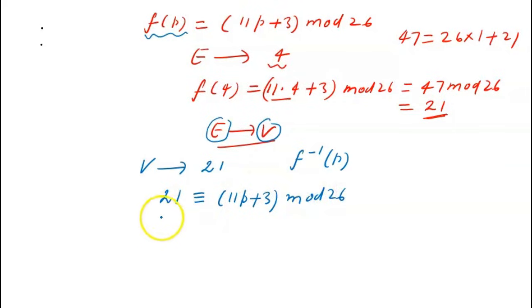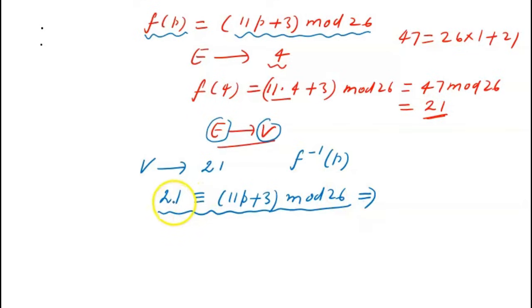This is what he will start with. Since he knows that this is the function that has been used to encrypt the message, he will take this equation, 21 is congruent to 11p plus 3 modulo 26, and it can be solved.